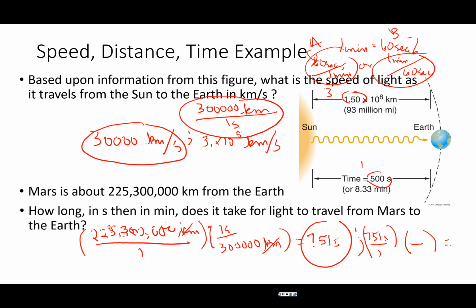Okay, so if I put B, 1 minute over 60 seconds. All right, let's divide her out. Now, I'm going to go ahead and give it 3 digits. Because actually this, as it turns out, is what we call exact. So I got 12.5. Is that what you guys got? And then what would those units be? Minutes, yep.